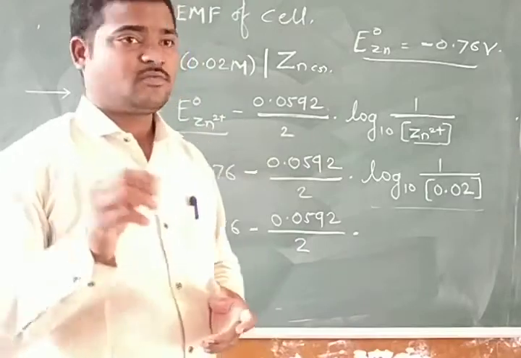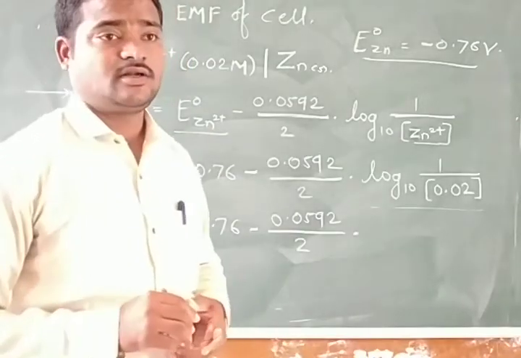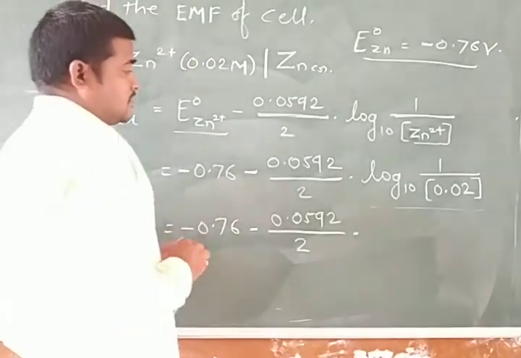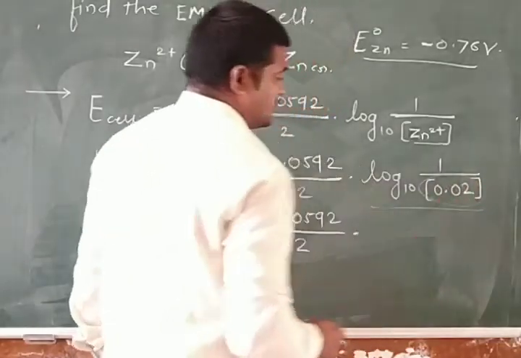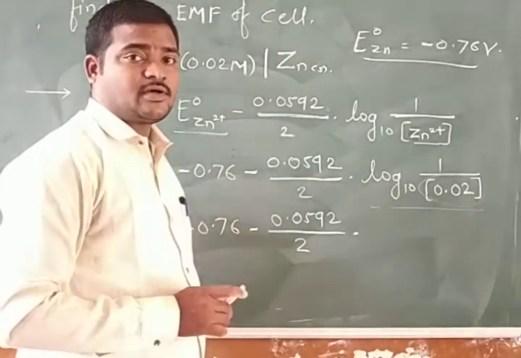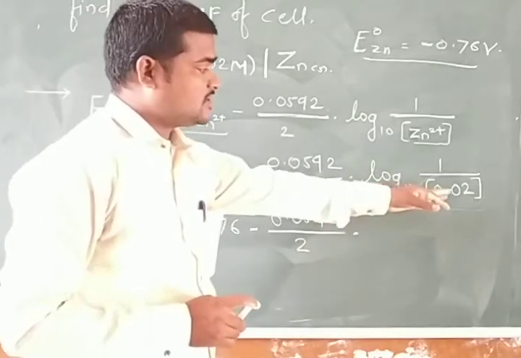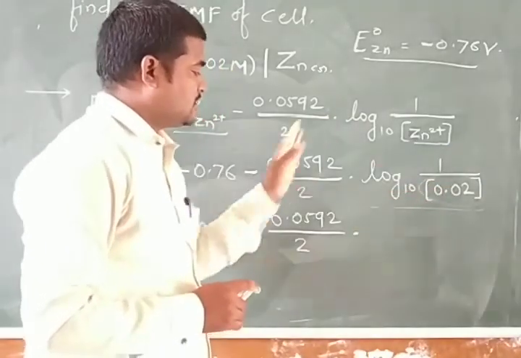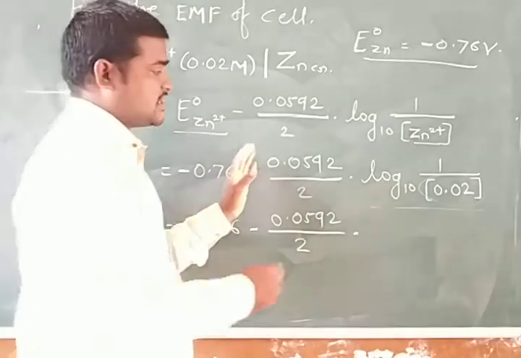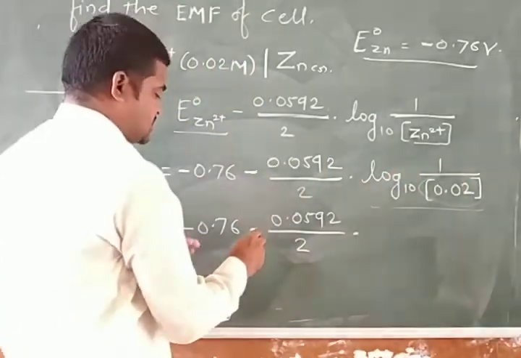Now students, one modification I want to do here. The term which is present at the denominator side, 0.02, I will take it to the numerator. When I take this term to the numerator side, the sign of this corresponding value will change.